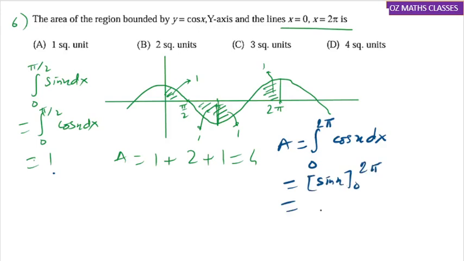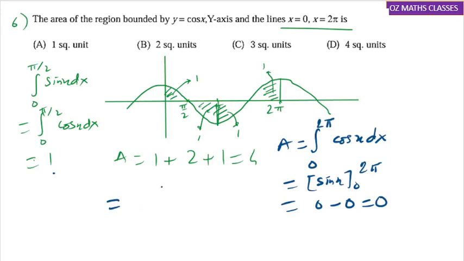So sin 2 pi is 0 and sin 0 is also 0. So you will get 0, but it is wrong, it is not a correct answer. So whenever lower limit and upper limit give the same value, you will have to break this into more intervals, more parts.